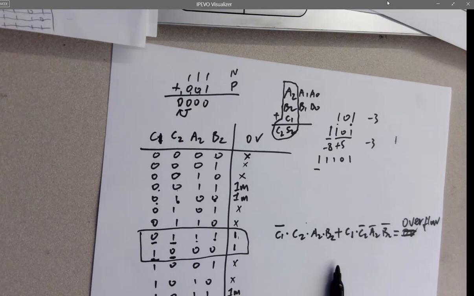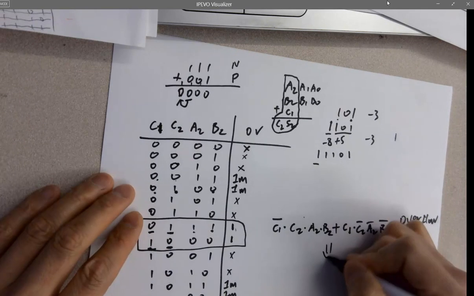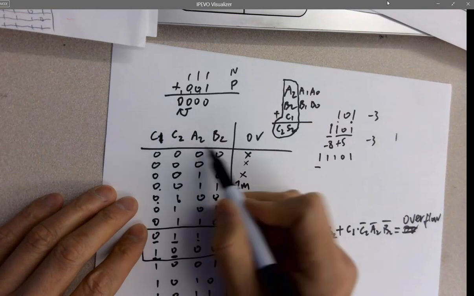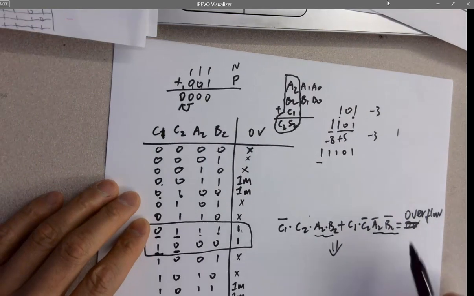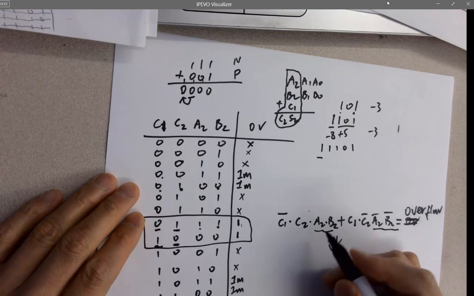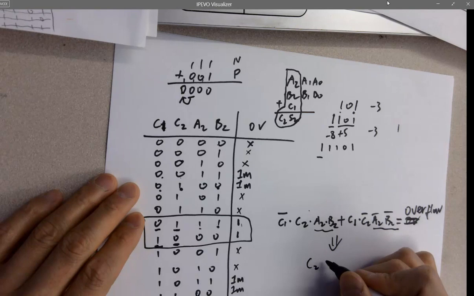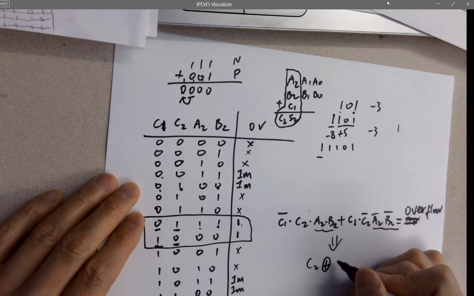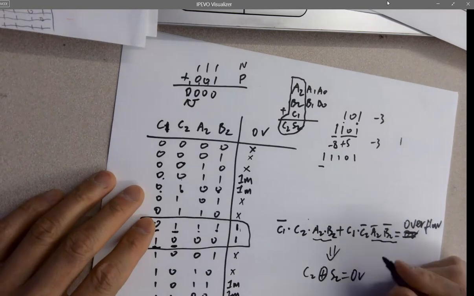Yeah. But I think since we have S2 available, eventually this will be simplified. There must be a way to simplify these things to S2, because the eventual result is you got C2 XOR S2, I think, for OV, overflow.